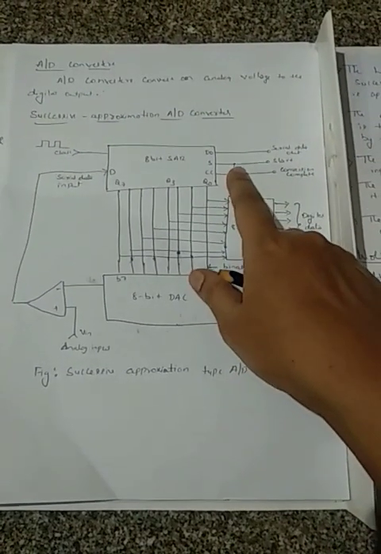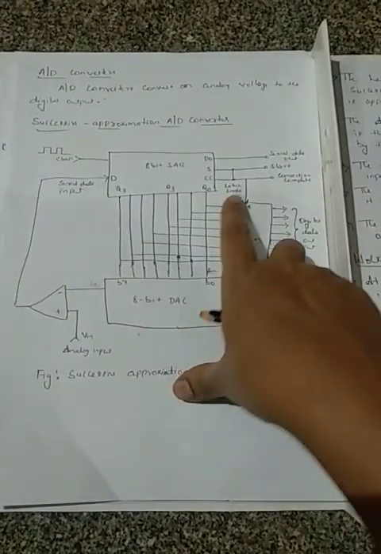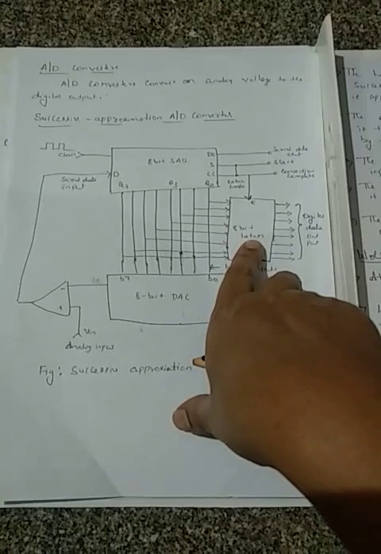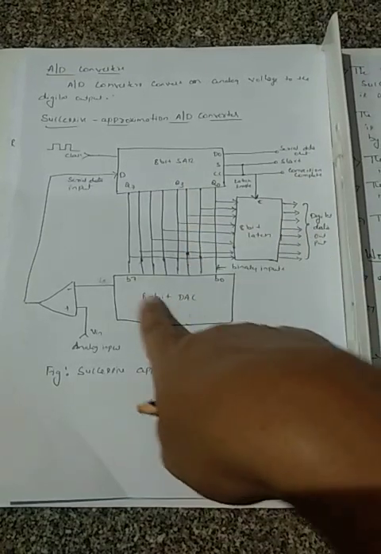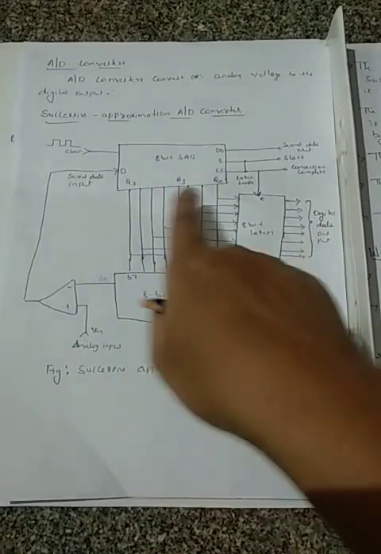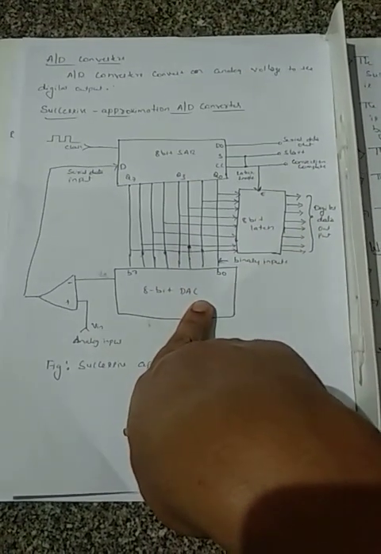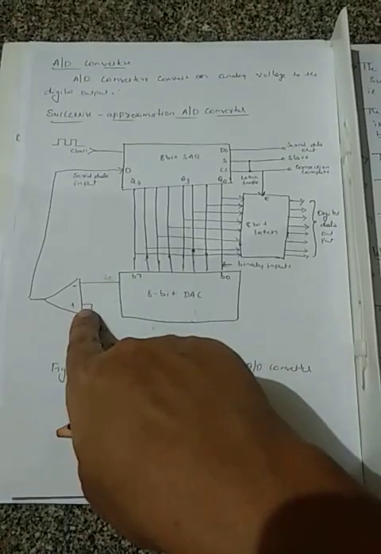These are the latch enable, which is connected to an 8-bit latch which provides the digital data output. The output of the SAR is given to the 8-bit DAC, that is the digital to analog converter. This signal is compared with the comparator, and the comparator output is given to the serial data output. So we'll see how it works.